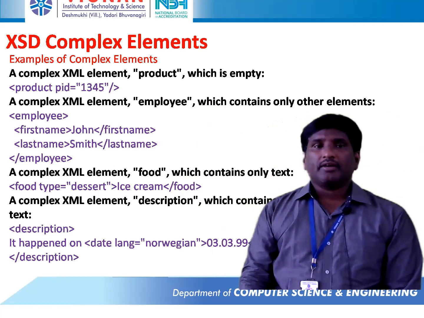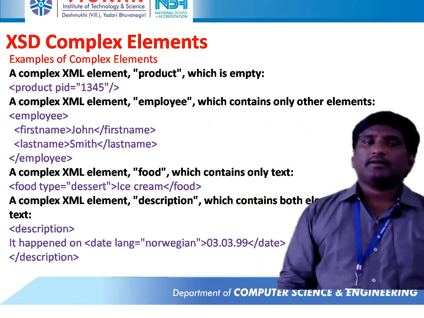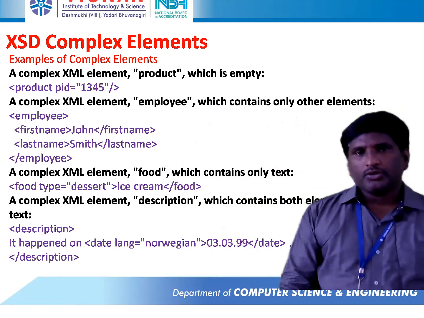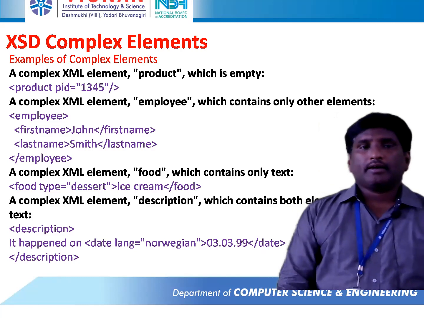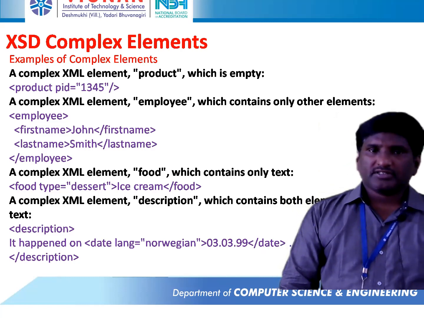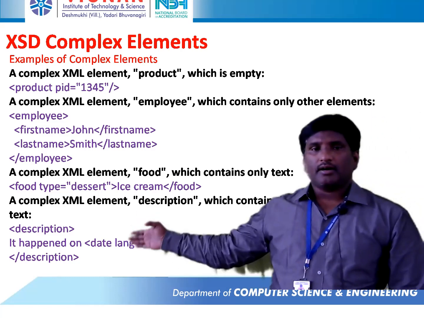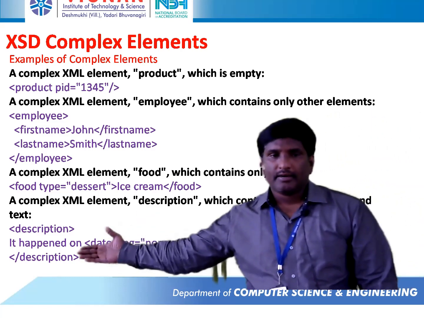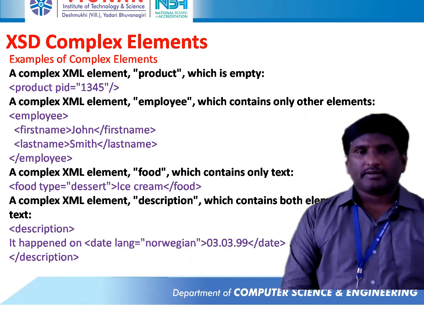Here employee has first name and last name. A complex XML element food which contains only text, and a complex element description which contains both elements and text. See here, it consists of sub elements as well as text.